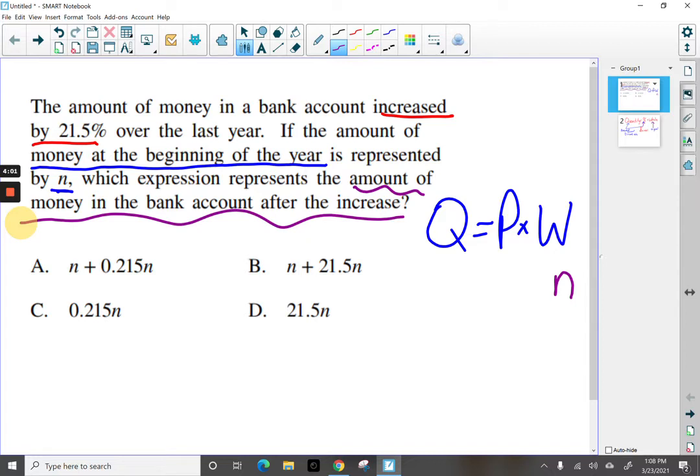So if I decide to use 21.5%, I'm just going to quickly divide it by 100 to change it into a decimal. I am not really solving for my new amount. I am solving for Q, which is the amount of increase.